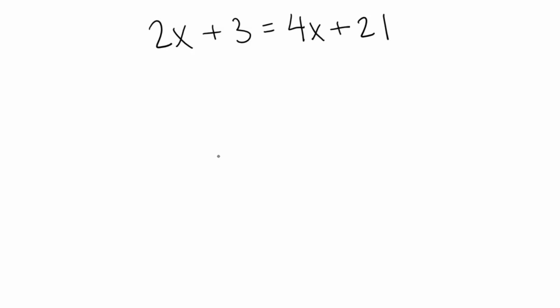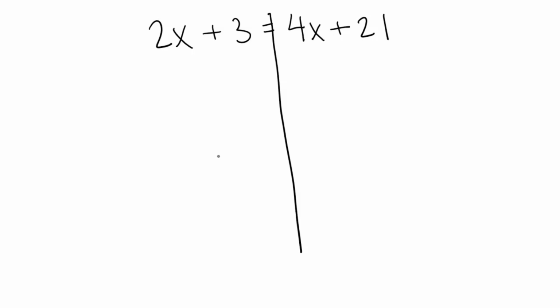Okay. Now this is more complicated because now we have x's on both sides. When we draw our line, the left side and the right side, we have x's on both sides. So the first thing I want to do is get all the x's on one side.